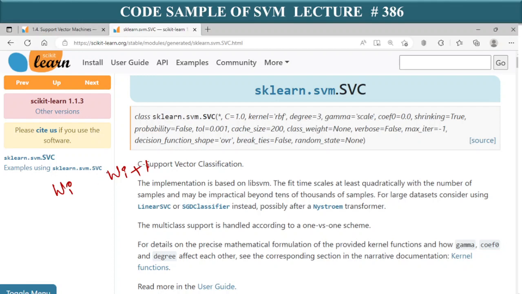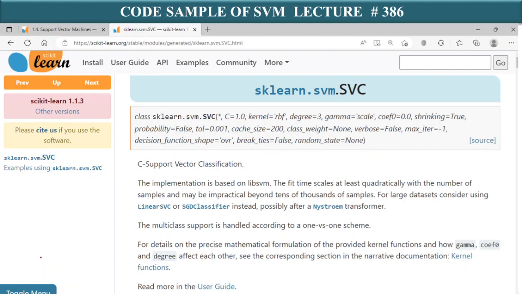If the difference between them is less than or equal to the tolerance, then terminate the iteration. Do not go any further. It is the termination criteria.